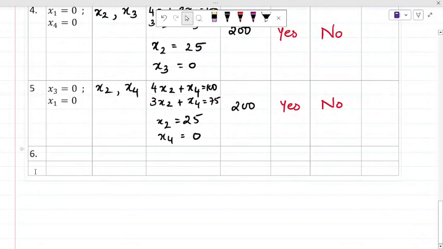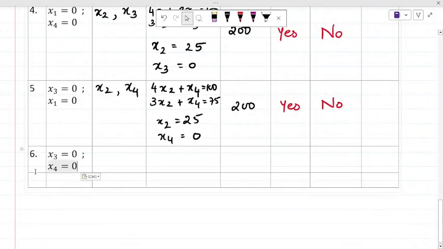Okay, so when x1 and x2 are 0, the basic variables in that case are x3 and x4. Here when the basic variables are x3 and x4, what are the equations we are having? Let us see.